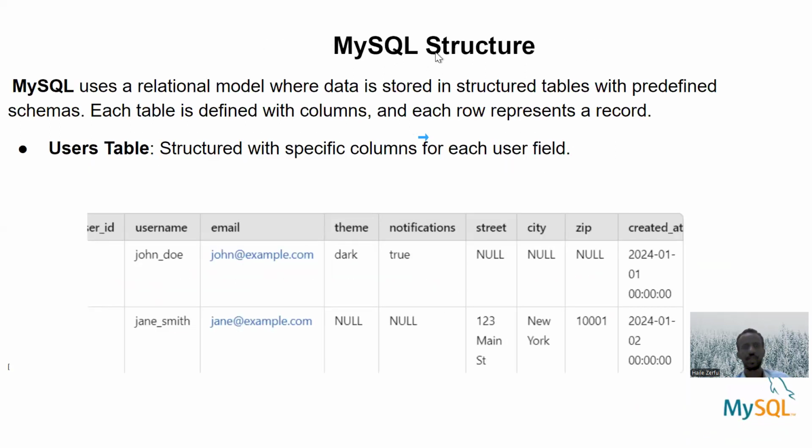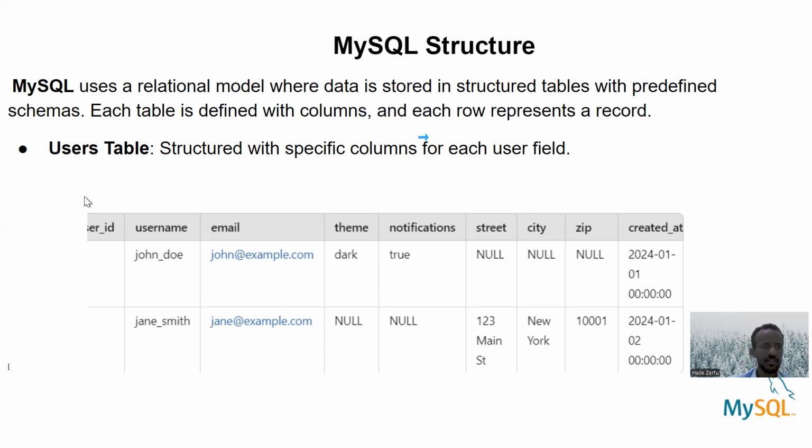Whereas in MySQL, the same data uses a relational model where data is stored in static tables with predefined schemas. MySQL puts it with predefined columns, and each row is a structure with specific columns for each user. Can you see?